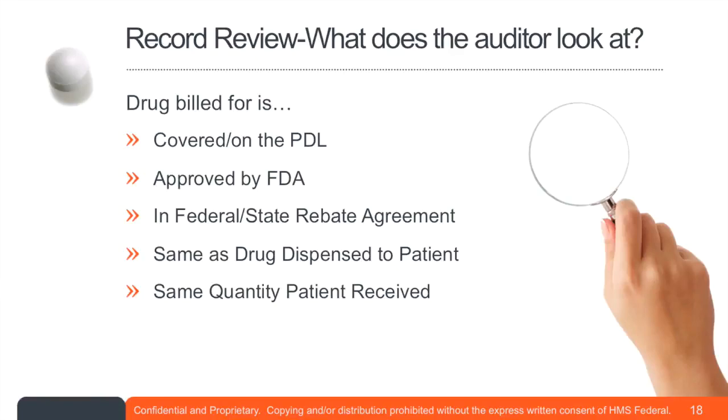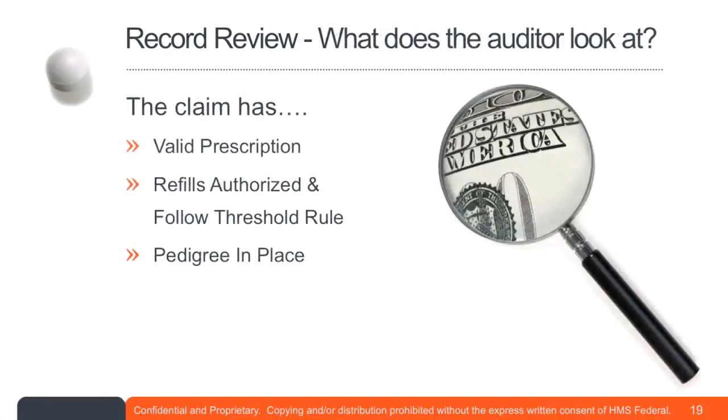Okay, other things that the auditor looks at is we want to make sure that the records that came to us actually have a valid prescription, that the refills were authorized, and that the pharmacy followed the threshold rule. And what I mean by that is typically the threshold rule is 75% usage.